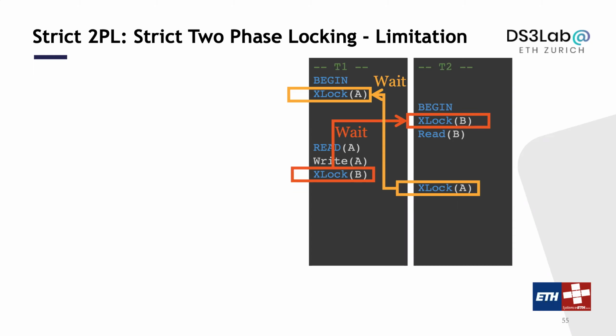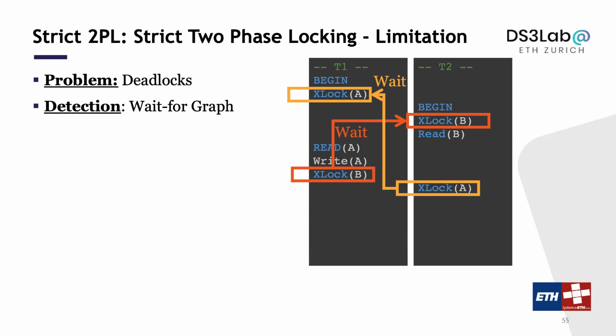And when T1 tries to acquire a lock on B, it's going to wait for T2. In this case, these two transactions are going to wait for each other, and none of them can make any progress. Essentially, they're stuck. That's called a deadlock, and that's a potential problem for strict two-phase locking if you're not being careful.